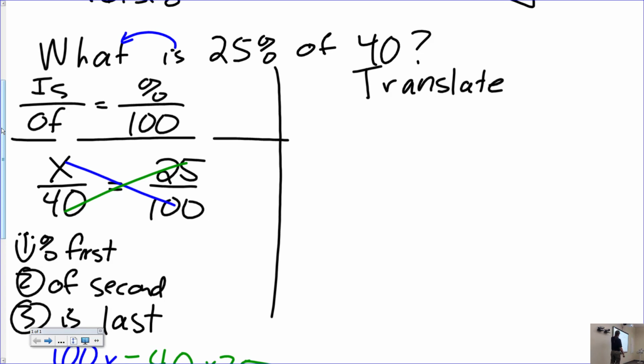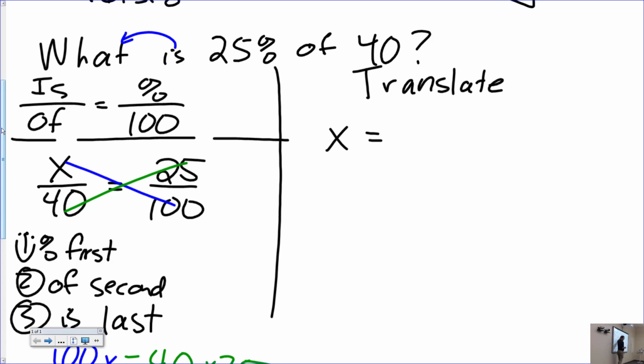So, what I do is I translate every word in the sentence. What should I write down when I see the word of what? X. Verbs, folks, always equal signs. 25%, when you are doing the translate method, folks, you will take your percentage and convert it to its decimal format.